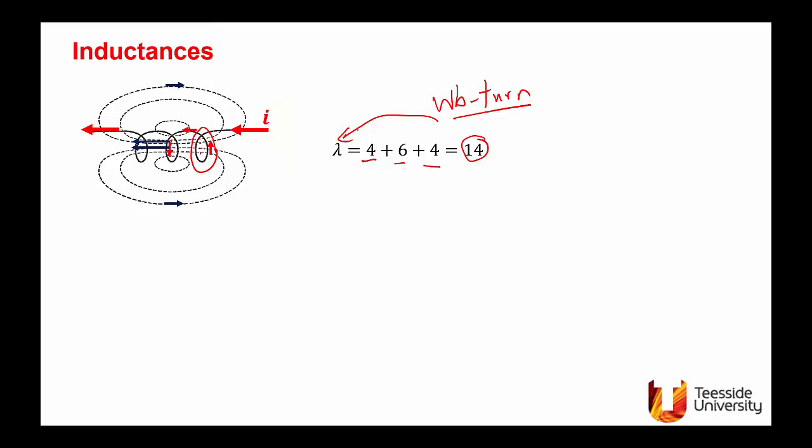The definition of the self-inductance, L, is flux linkage over current. And for self-inductance, the flux linkage is caused by a current in the coil itself.